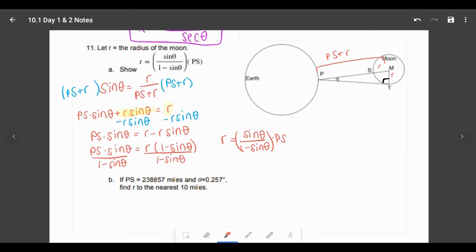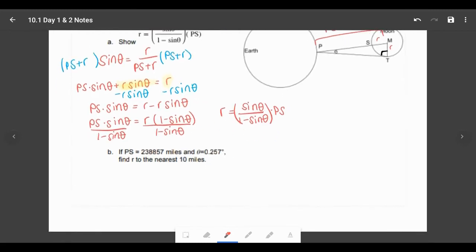Well, this should be pretty simple because we already know that r is equal to this equation that we proved in part A. So let's plug in the values that we know. r is sine of my angle divided by 1 minus the sine of the angle, and we are going to multiply this whole thing by the side PS.